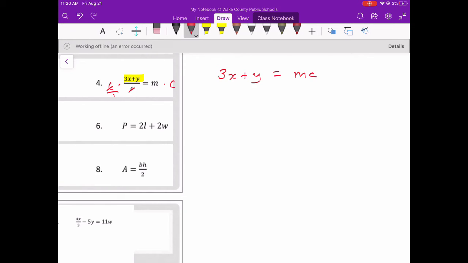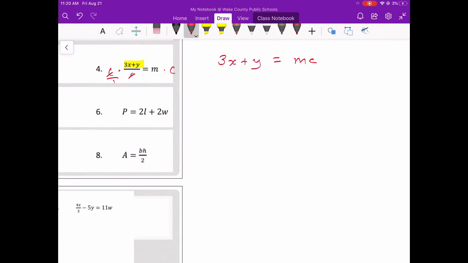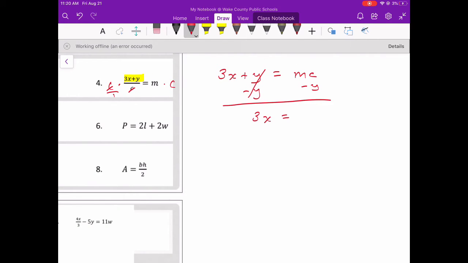Now, still trying to solve for x, so I'm trying to get x by itself. Well, I have to do the reverse order of operations. So I'm going to subtract y from both sides, being very careful, remembering that I don't know what mc is. So I just have to be satisfied with mc minus y for right now. Now my final step, just like my previous problem, I've got to get rid of that 3 in front of the x.